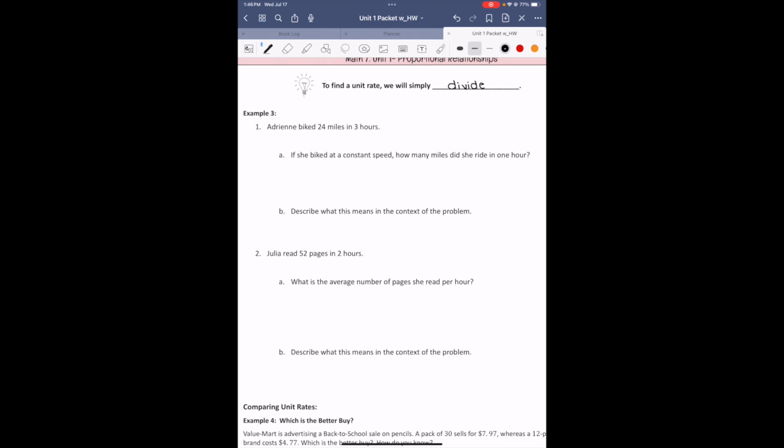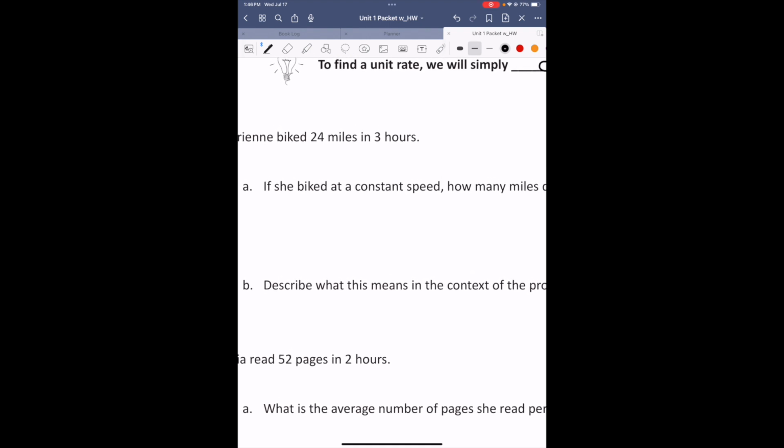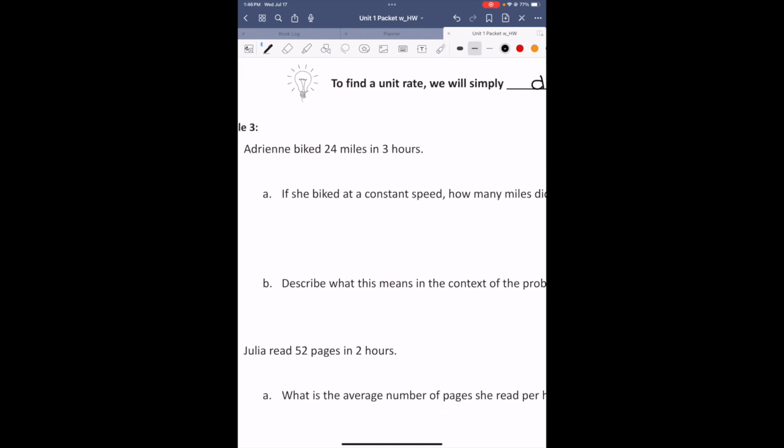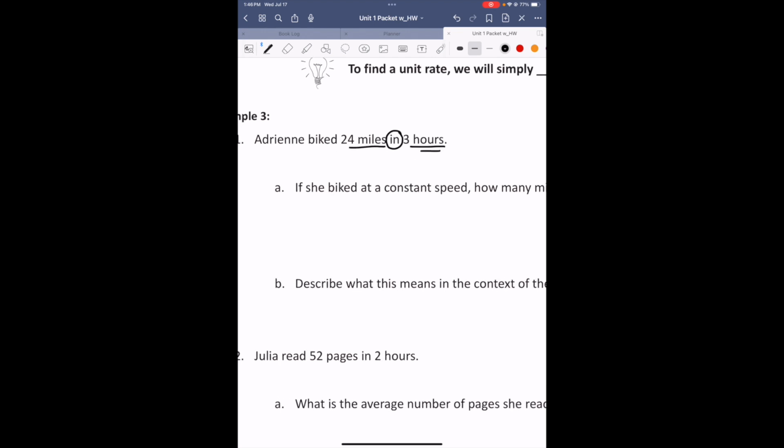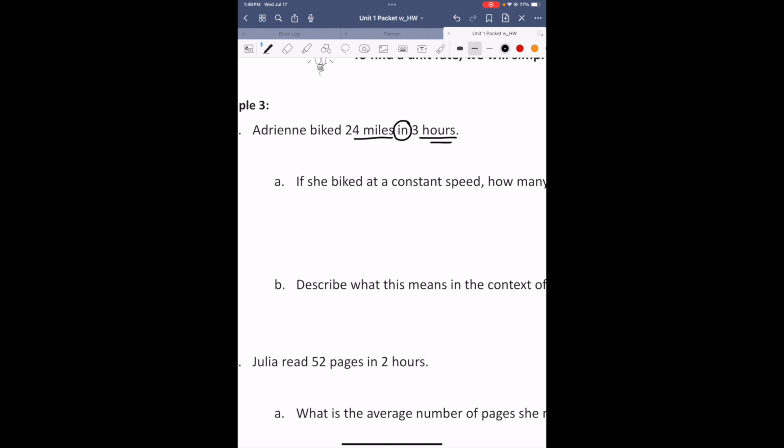It says, Adrian biked 24 miles in 3 hours. Now we're going to do something specific here that I want to make sure everybody has on their paper. We're going to underline miles, circle in, and double underline hours, because that's going to tell you exactly how you need to order your ratio.